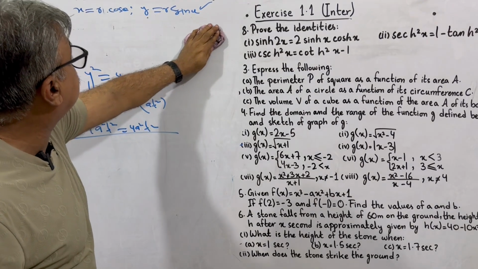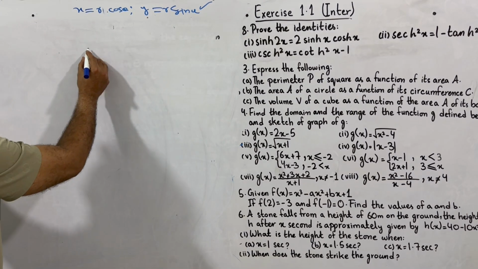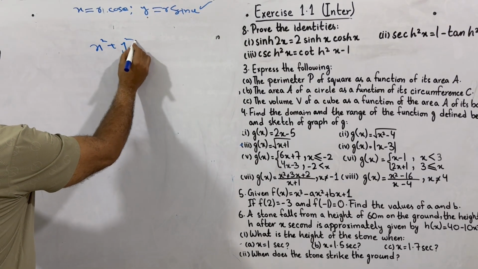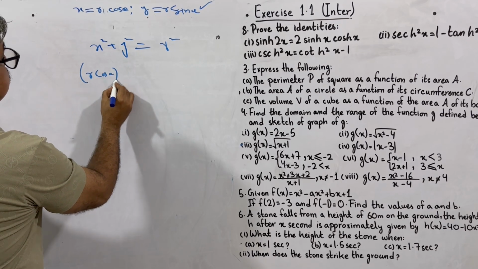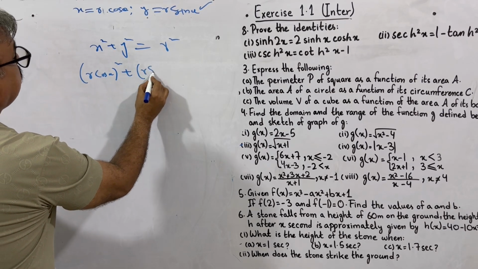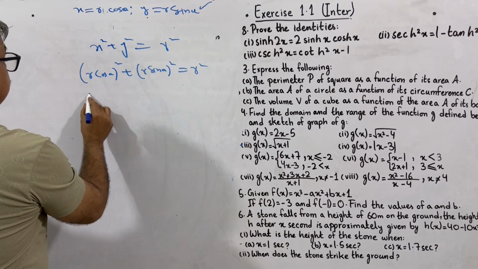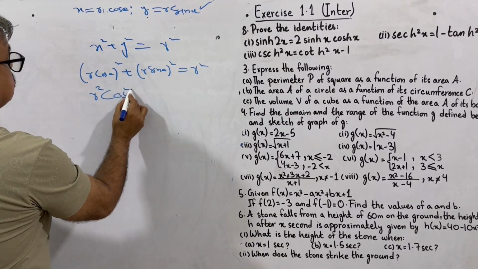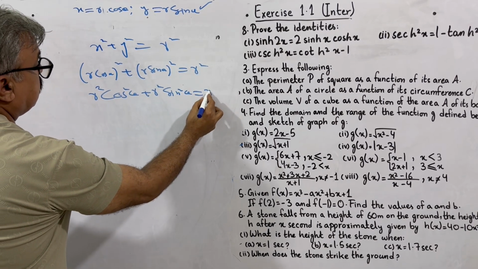Let me verify the parametric equation of circle for you as well. x square plus y square is equal to r square. Replace x by r cos theta whole square, y by r sin theta whole square, is equal to r square. Distribute power throughout, r square cos square plus r square sin square is equal to r square.